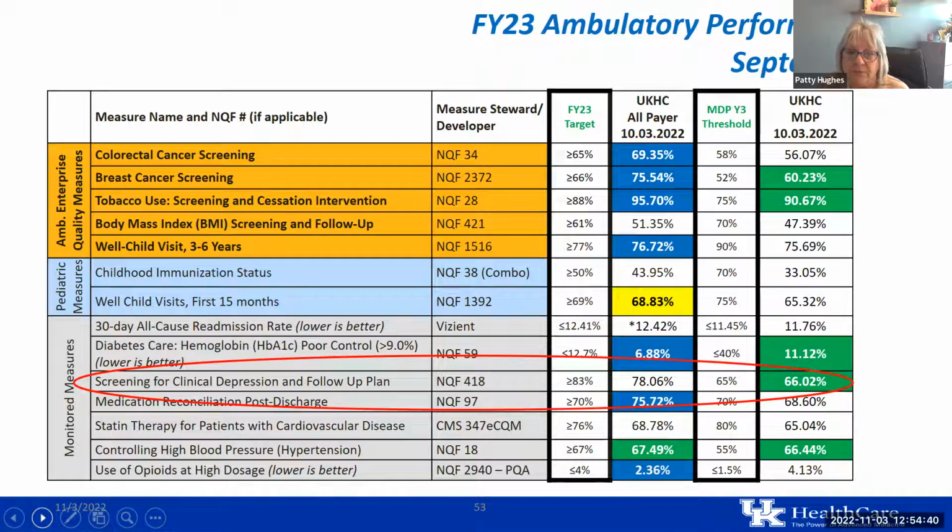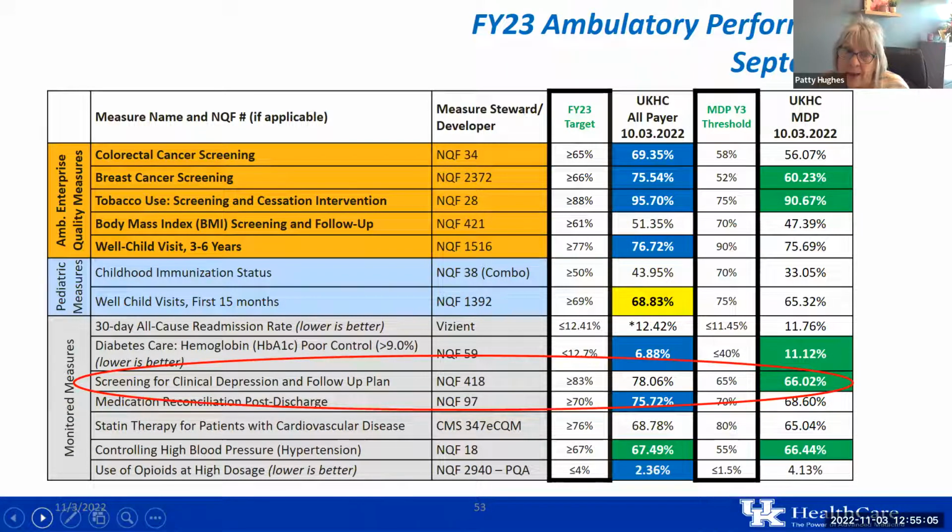But we look at this information more than one time a month. We probably look at it every week because we want to make sure that if our clinical staff are not able to ensure that we're screening and following up appropriately, that we provide for them the resources that they need. So again, that we can keep our patients safe.